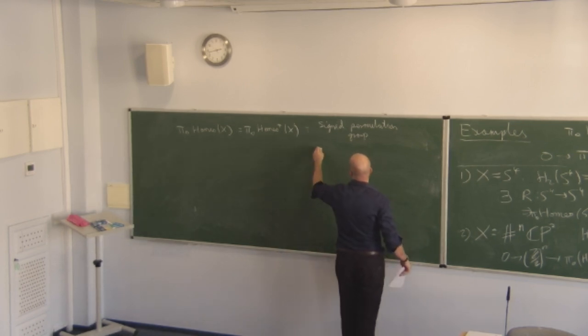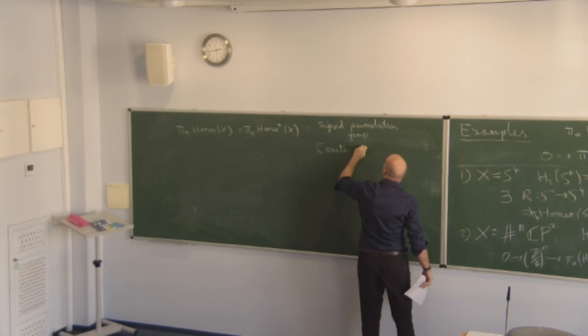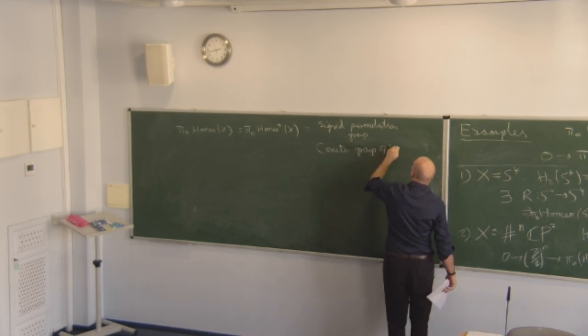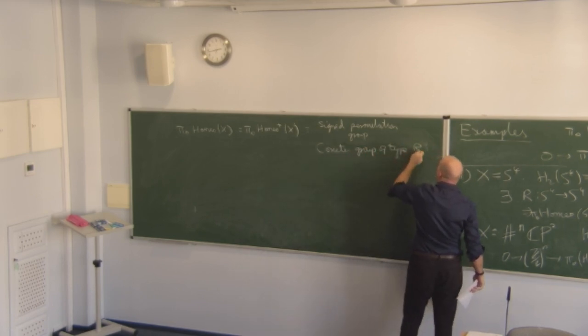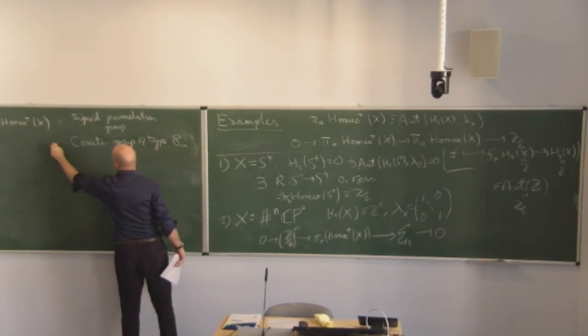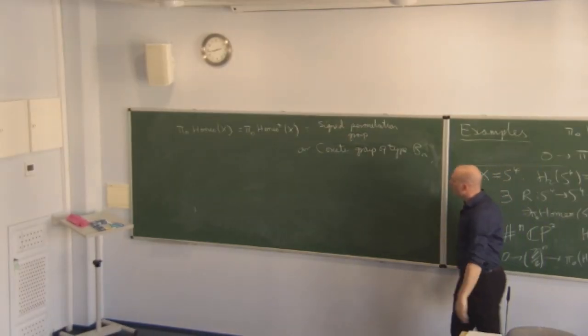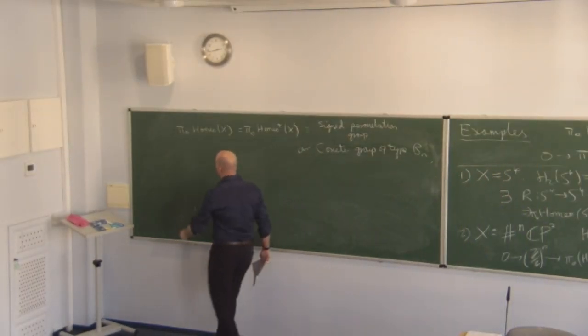It's also sometimes called a Coxeter group of type, I believe, Bn. So it's a famous group, and that's the mapping class group of this manifold.